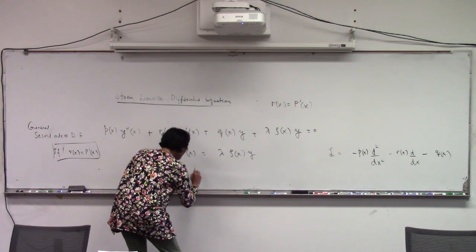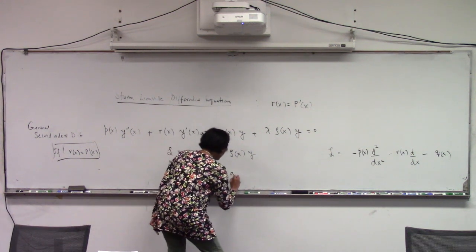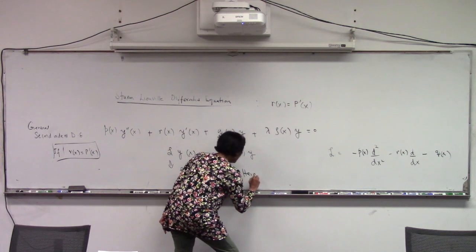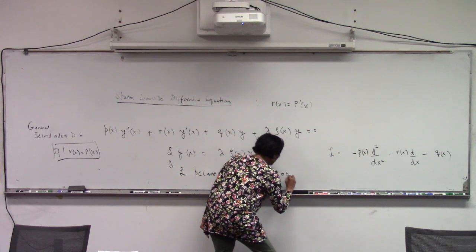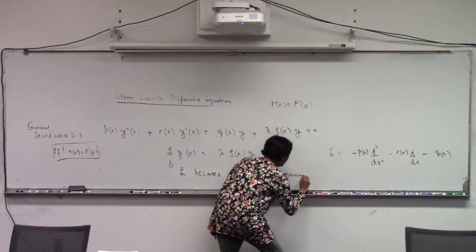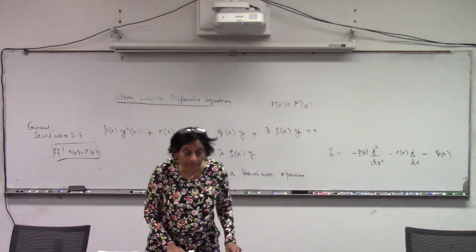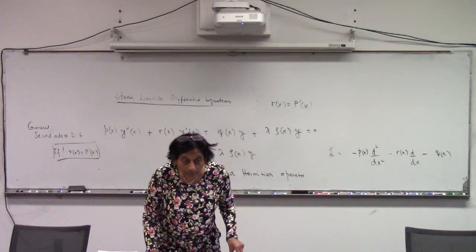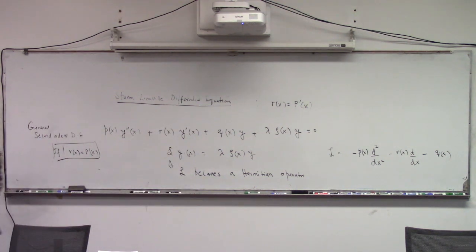This operator becomes a Hermitian operator. The eigenvalue thing isn't connected with that condition. It is still there, but if the condition is satisfied, then L becomes Hermitian.